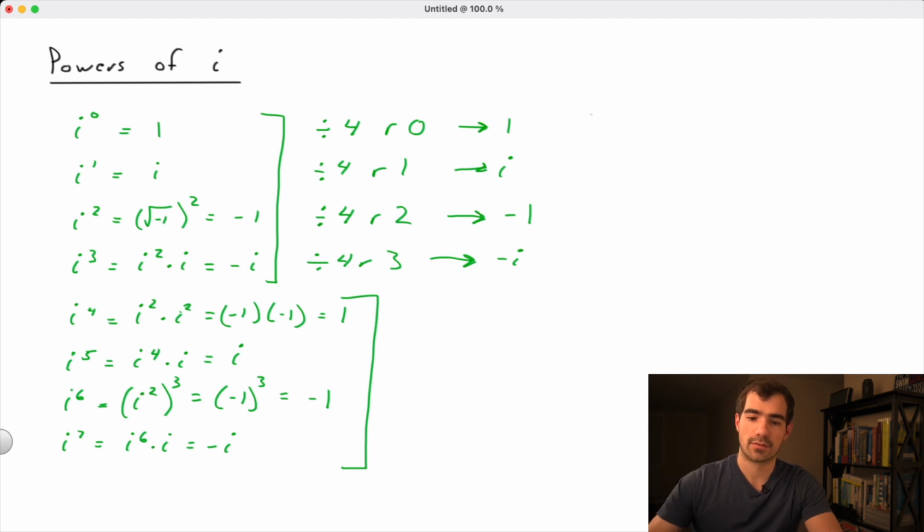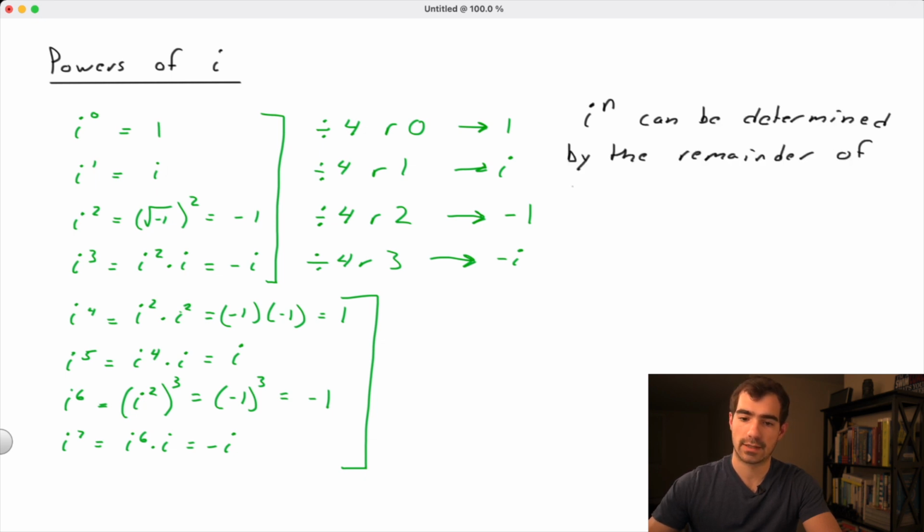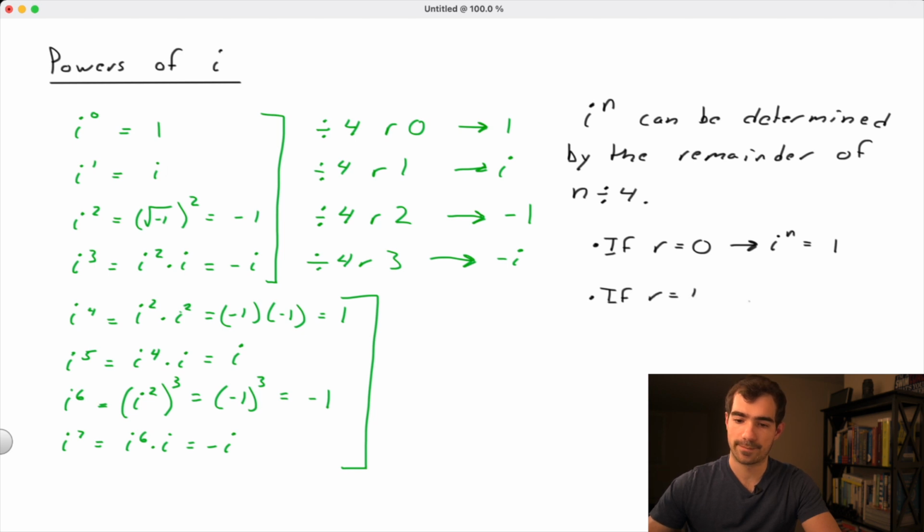So in other words, i raised to the nth power can be determined by the remainder of n divided by 4. If the remainder is equal to 0, in other words, if it divides evenly, i to the n is equal to 1. If the remainder is equal to 1, in other words, if it's 1 greater than a multiple of 4, i to the n is equal to i.